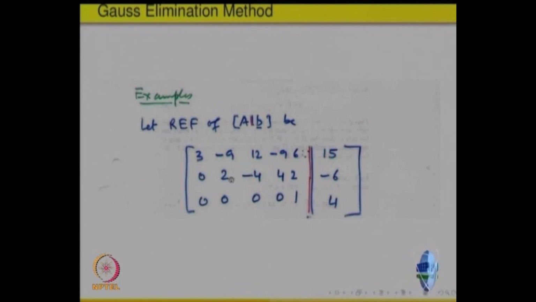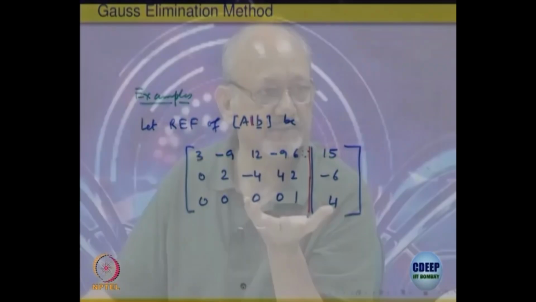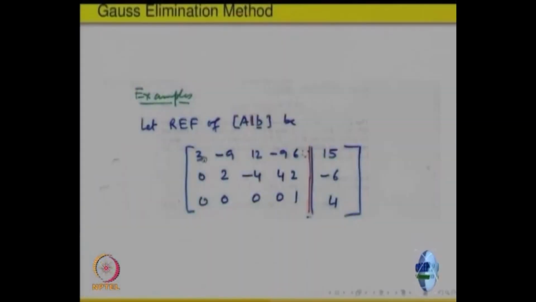So, for each value of x 3 and x 4, you will get a value of x 2, x 5 is already fixed. Now, for these values you can put back in this equation, the top one, right. You will get a value of x 1, which will involve those values of x 3 and x 4, right.